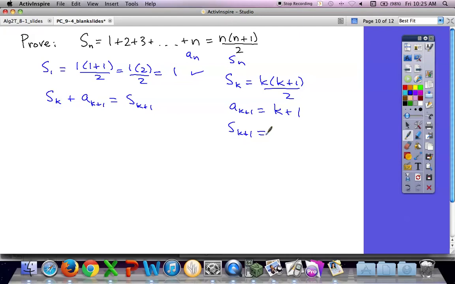It's kind of like evaluating a function. Whatever is here goes in the place of n. So that is k plus 1 times k plus 1 plus 1 over 2. I just put k plus 1 in the place of n here and here. And now I can simplify that. That is k plus 1 times k plus 2 over 2.